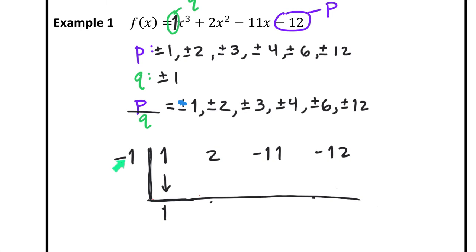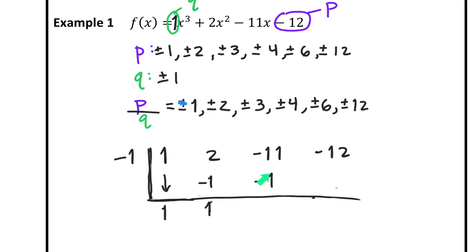And let's do the process again. So what's negative 1 times 1? It's negative 1. Then what's positive 2 minus 1? It's 1. Then what's negative 1 times 1? It's negative 1.